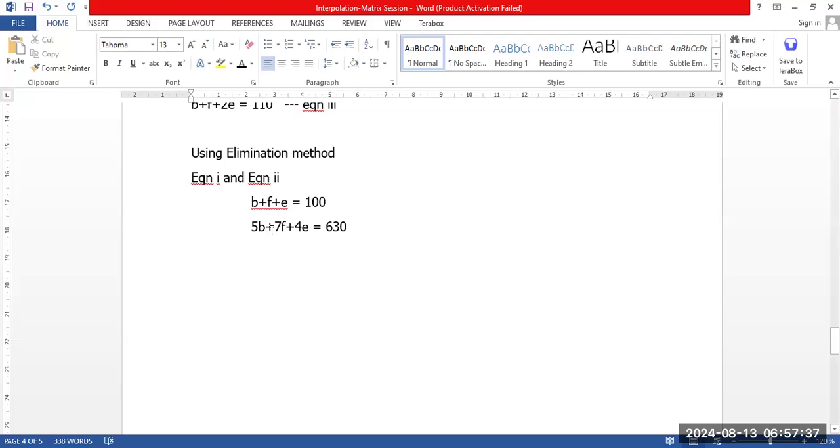So we are using elimination method. So out of 3 variables, we can eliminate 1. We can decide to eliminate B, we can decide to eliminate F, we can decide to eliminate E. But I am going to just eliminate B. So you want to eliminate B, how can you eliminate B? I'm going to put here 5, then I put here 1.